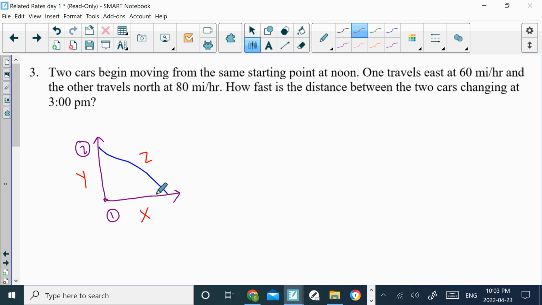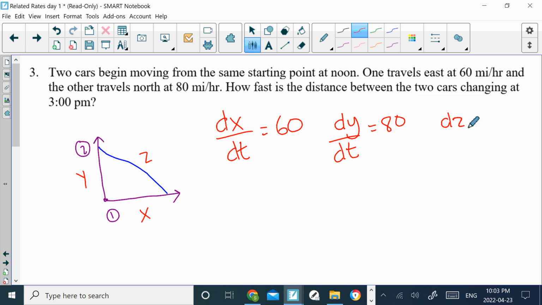So the first car, which will be x, is traveling at 60 miles per hour. So dx/dt is equal to 60. dy/dt, which would be the second car, is traveling at a rate of 80 miles per hour. And what we're going to calculate in this problem is going to be dz/dt.